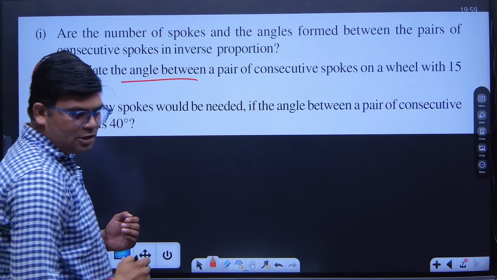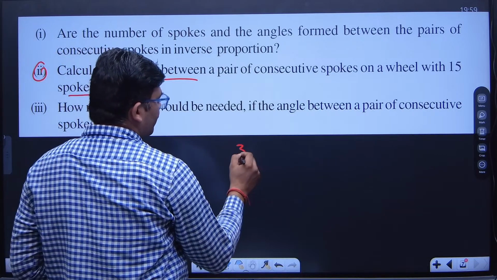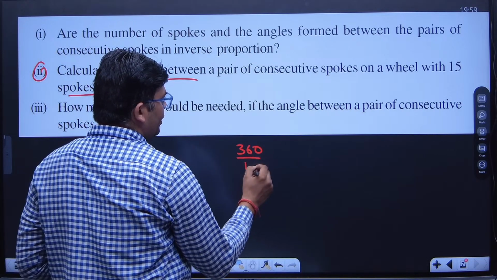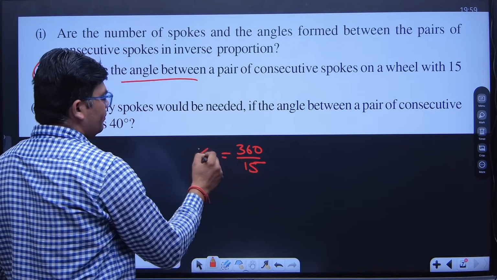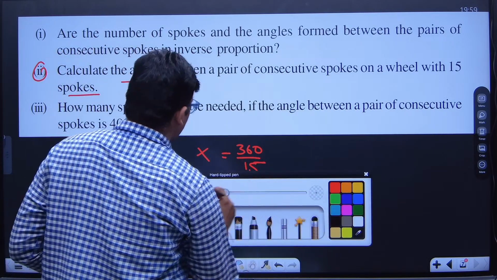So the total angle is how much? 360. So what will you do? 360 divided by 15. Are you getting it? Yes, sir. Please find out.